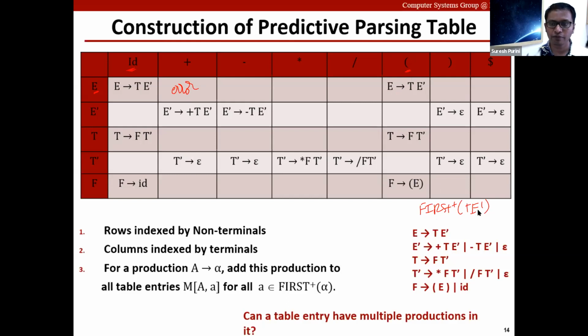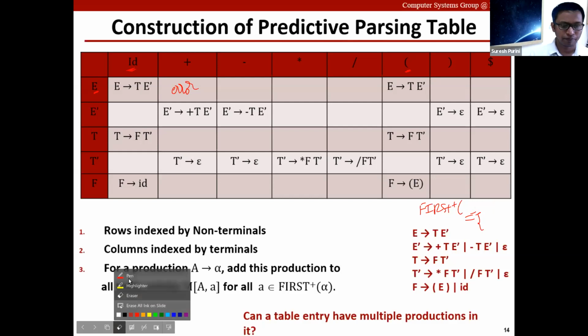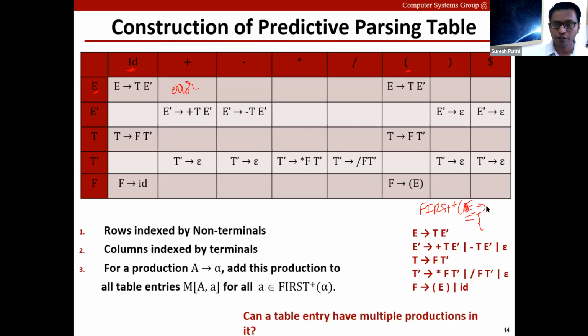And it turns out that the first plus of E goes to TE prime, this set is ID, plus and left parenthesis. So we want to apply this substitution rule E goes to TE prime if the look ahead symbols are ID, plus or left parenthesis.